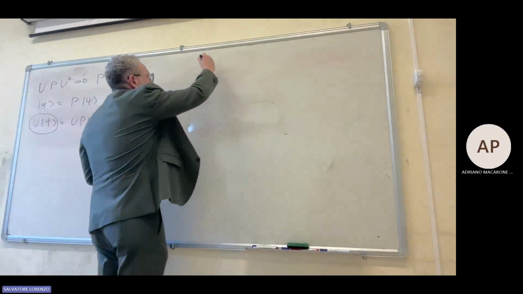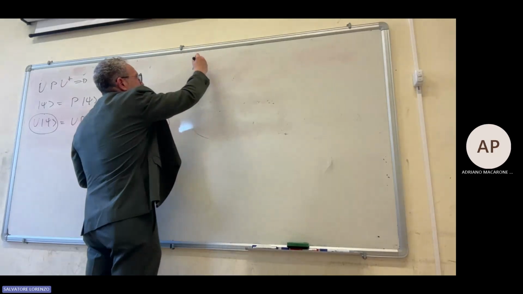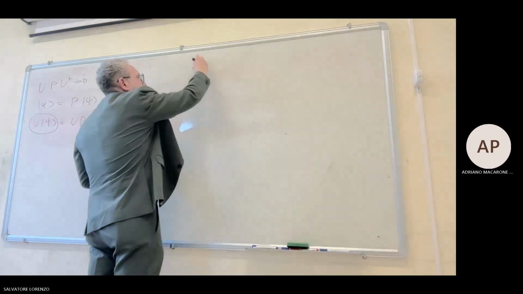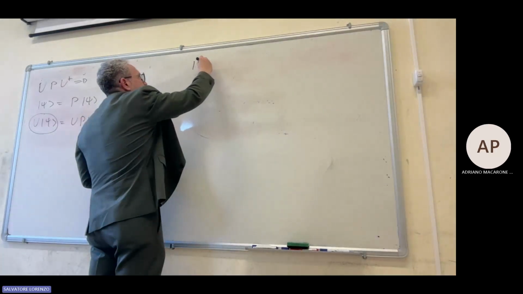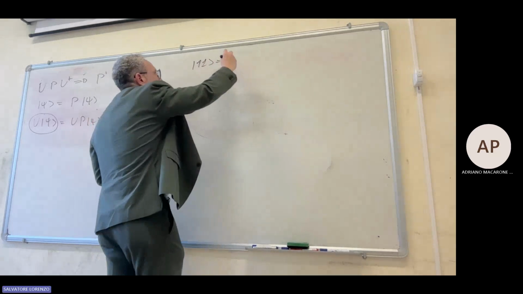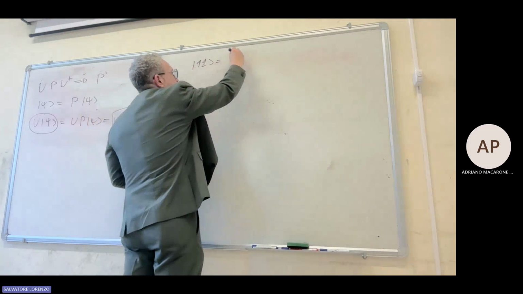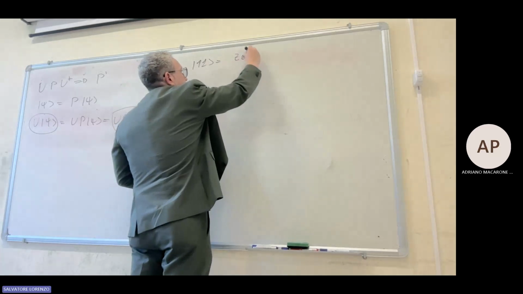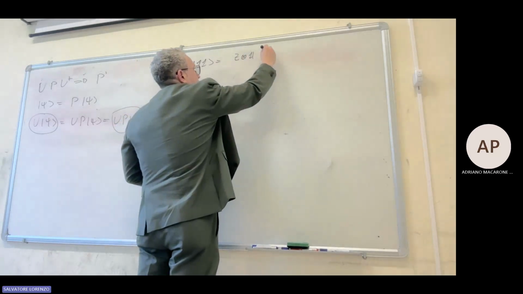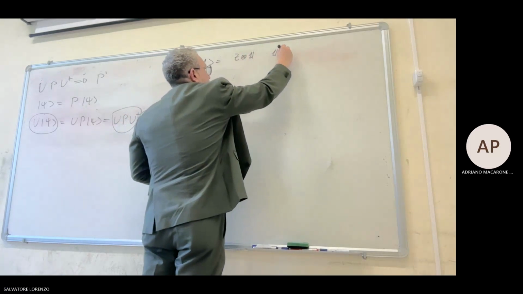For example, a state on two qubits can be identified completely by Z times identity and identity times Z.